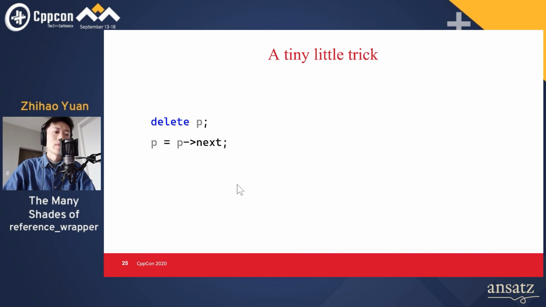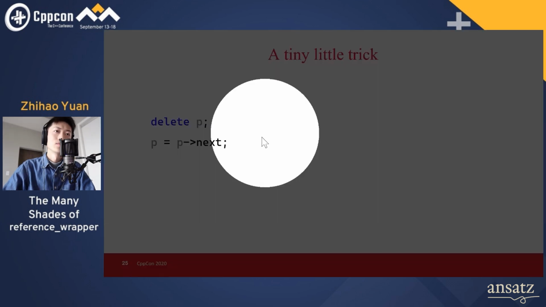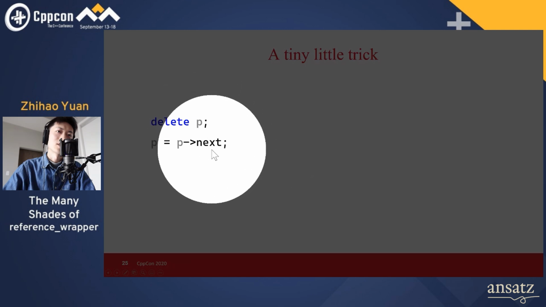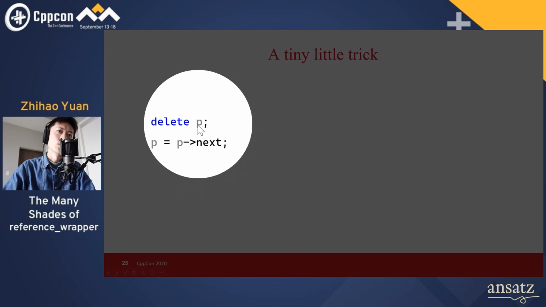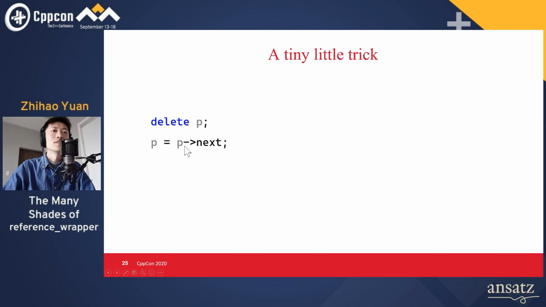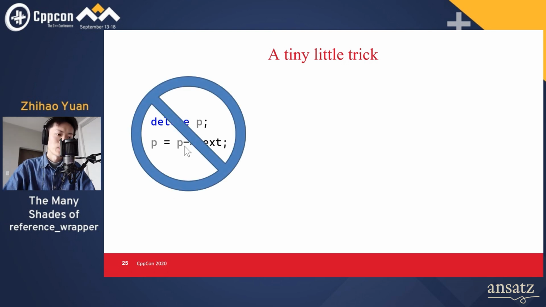But assuming that a node is created using the new operator, the delete operator also destructs the node, which means after the destructor is called, you can no longer reach the next member of a destructed object through a pointer that used to point to it.